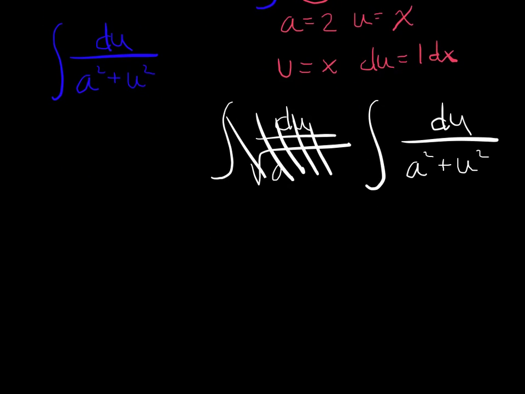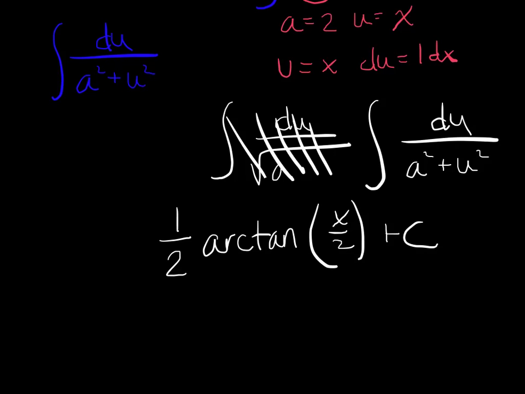So I end up with 1 over a arctan of u over a plus c. And there you have it. So we just have to remember that it's that 1 over a for arctan, and of course you could rewrite arctan as tan inverse. Again, they are the same thing.